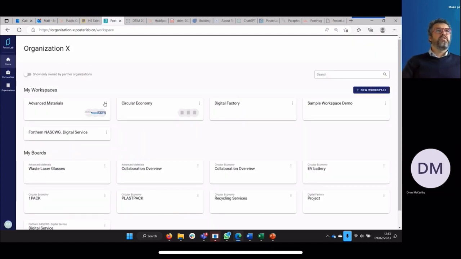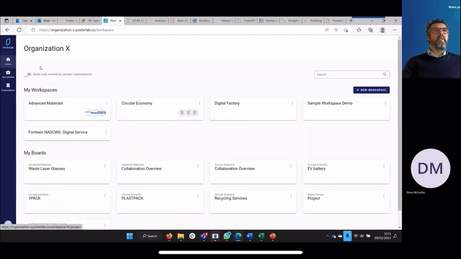And the other pillar in the platform is this space at home here, and you can see My Workspaces. My Workspaces could be the division I belong to, the department, the research group, or the corporate innovation department, or, for example, the themes we are actively working on.